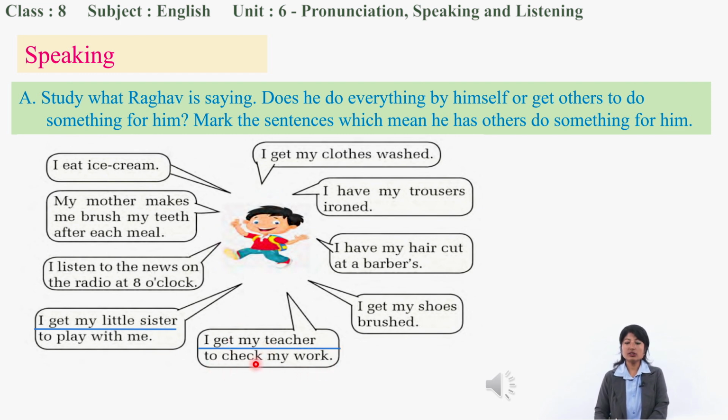So this is also he gets his teacher to check, not by himself. Then I get my shoes brushed. I have my hair cut at a barber's. I have my trousers ironed. I get my clothes washed. So in all of these, he gets somebody to do it.